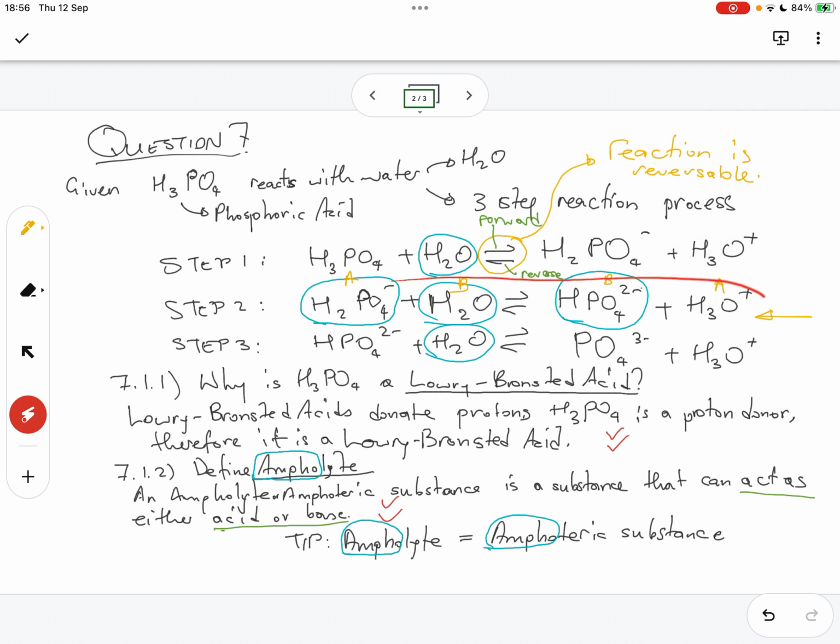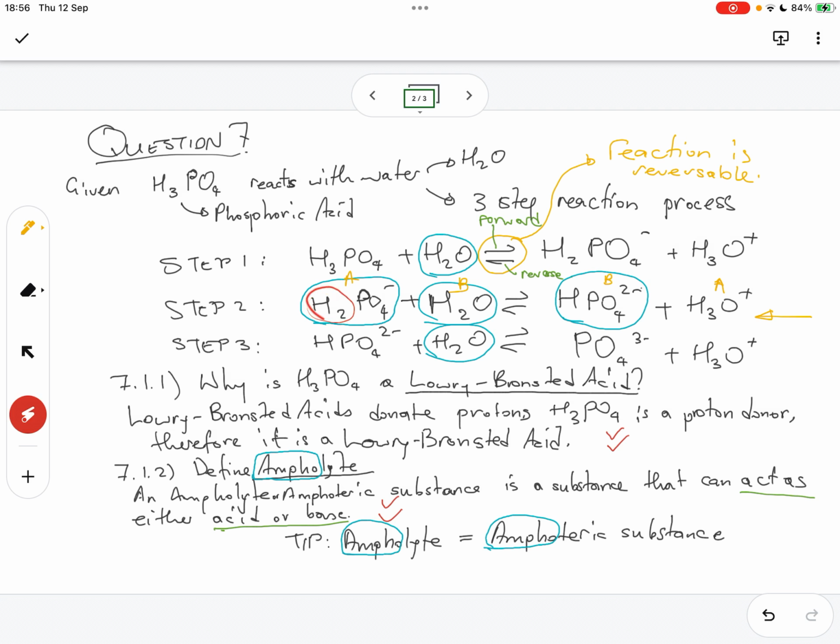If we look at only step 2, then this one, H2PO4 minus, would be donating a proton, so it would be an acid, because on the product side, this one has donated a proton.